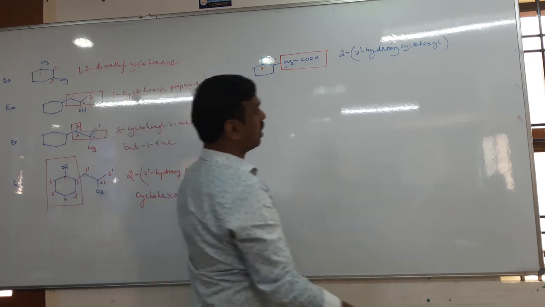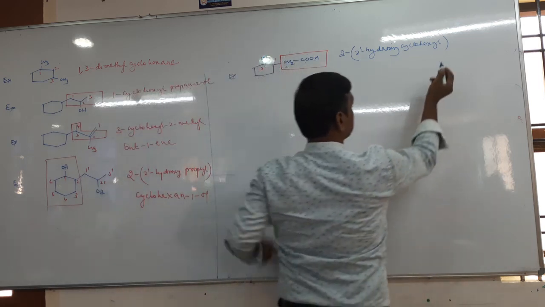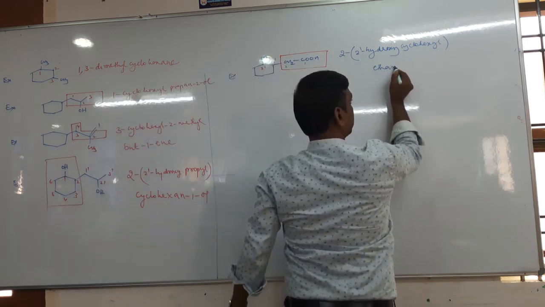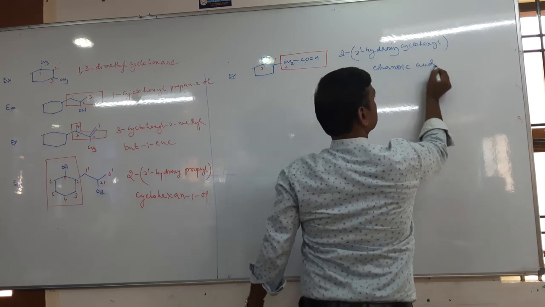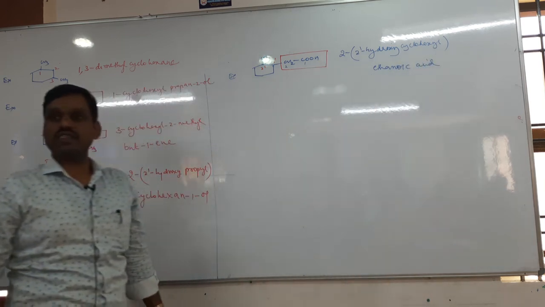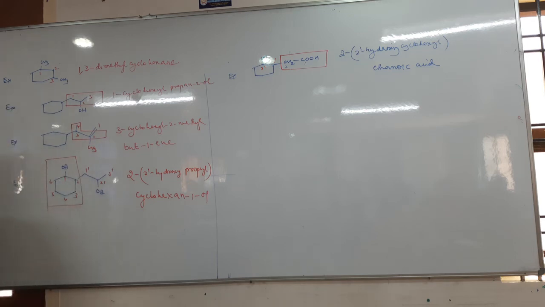Right. So 2 prime hydroxy cyclohexyl ethanoic acid, because the IUPAC name of a carboxylic acid is alkanoic acid. It is ethanoic acid. Right.